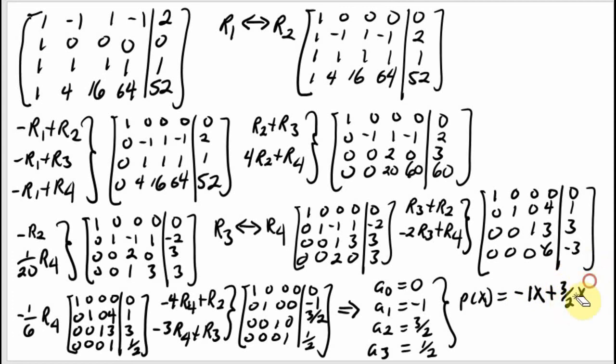I don't like it when I can't write the whole thing in one straight line. So here we get negative 1x plus 3/2 x squared plus 1/2 x cubed. Well, that's the polynomial.